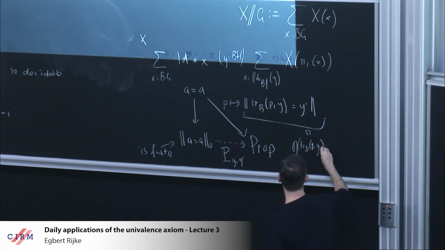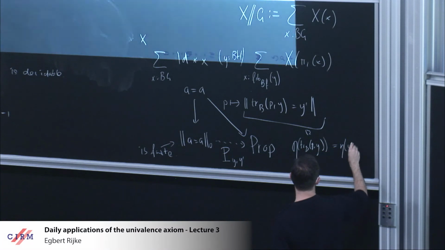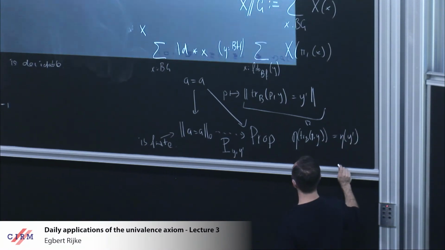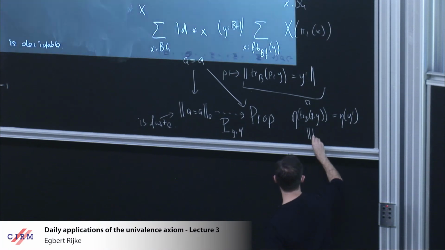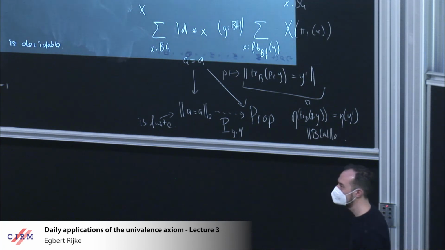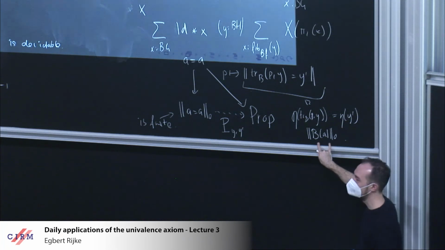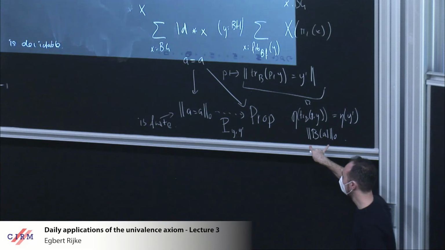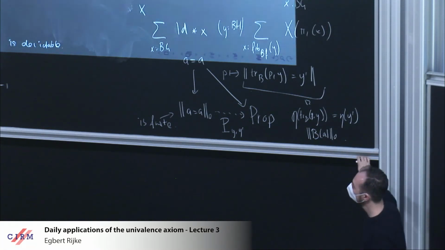Oops, sorry for my handwriting. Equals eta y prime, and this is an identity type in the type b of a not, and we assumed that b is a family of pi0 finite types, which means that there are finitely many of these, so its identity types are decidable.